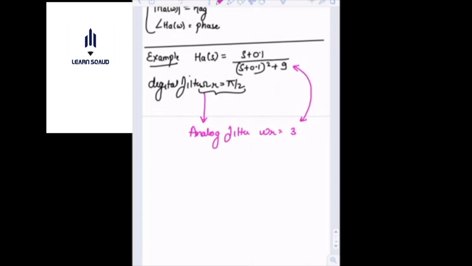So since we have the relationship that omega is equal to 2 by capital T tan of omega r by 2, okay.